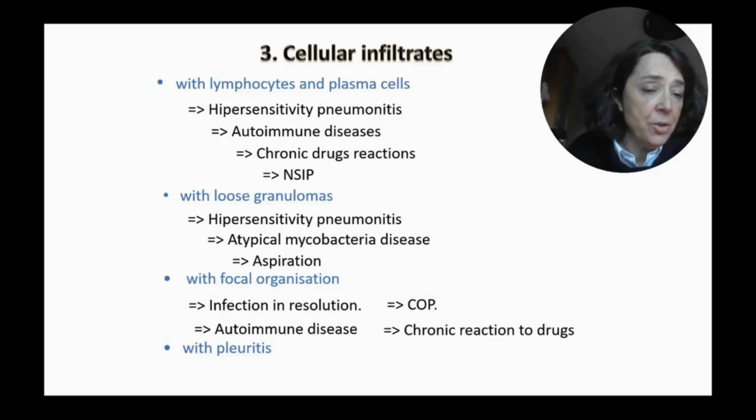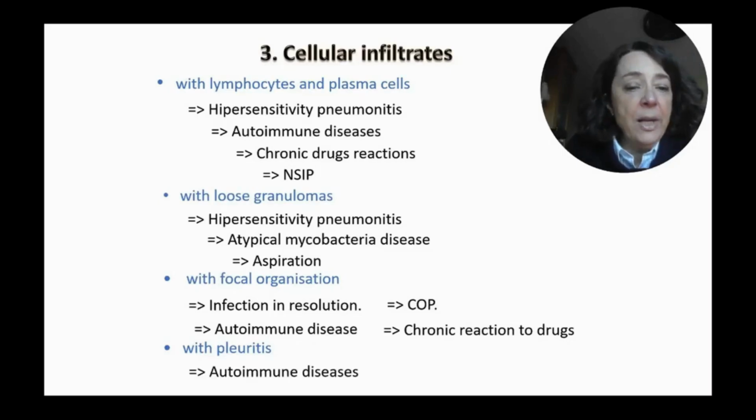And chronic reaction to drugs, you always have to think about it when you have focal organization or loose granulomas or inflammation. Drug reactions are always there. And the last one, pleuritis. When you see pleuritis, I always think of autoimmune disease. So it is very helpful just to know what you are looking at, and you have this differential, which you can add at the end of the report.